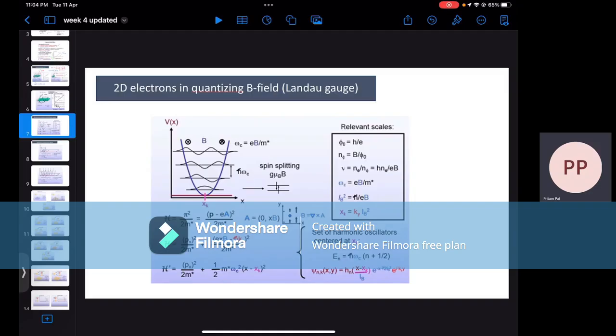So we have to choose how to introduce our magnetic field.